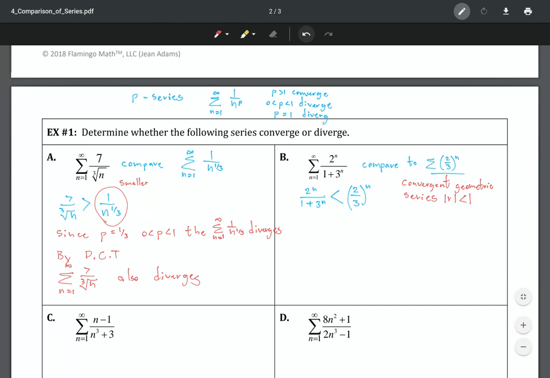Because that is convergent, then by the direct comparison test, this sum will also be converging.